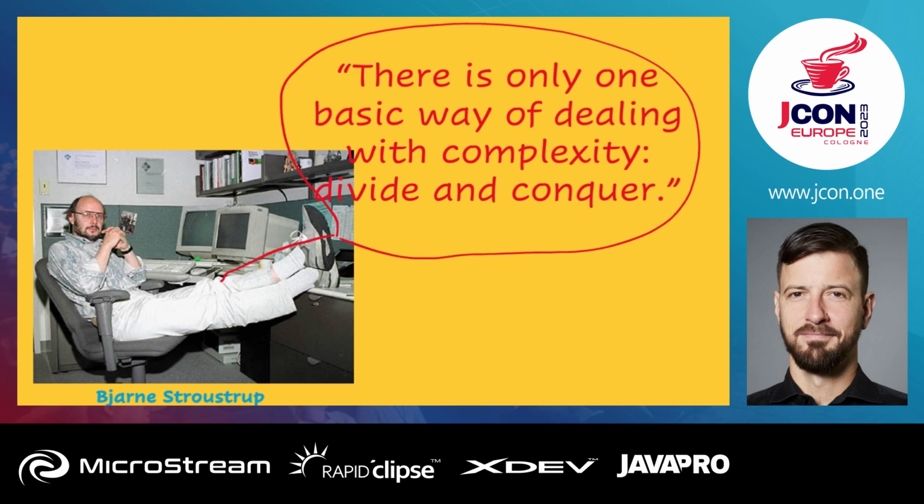And that's something that we have to do on every level, on the small level and on the big level. On the small level, we try to build several methods and several classes, which all encapsulate a small piece or a bigger piece of things. So we can take the complexity and split it up, divide and conquer.